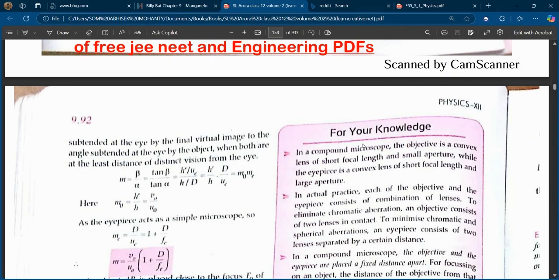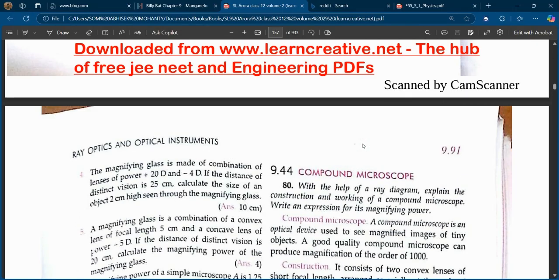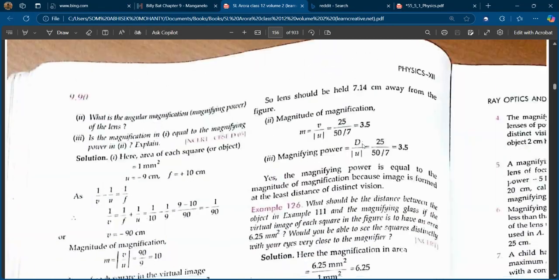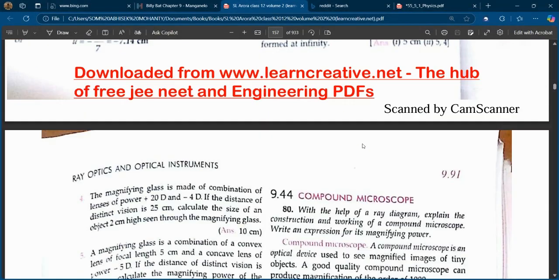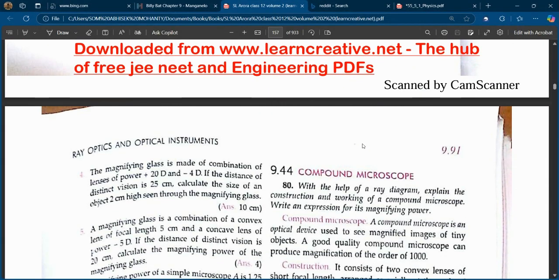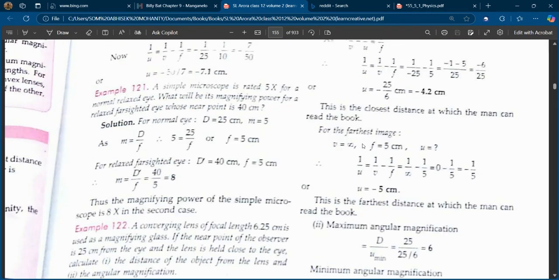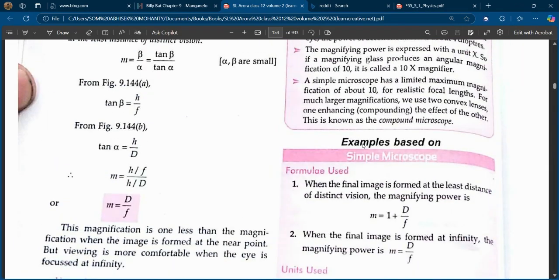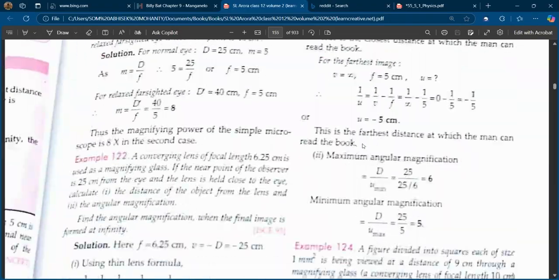See, most suitable viewing means the image is formed at infinity. That is the meaning of it. And this is not a simple microscope, because a simple microscope has only one lens. But a compound microscope has two lenses, one is the eyepiece, one is the objective.